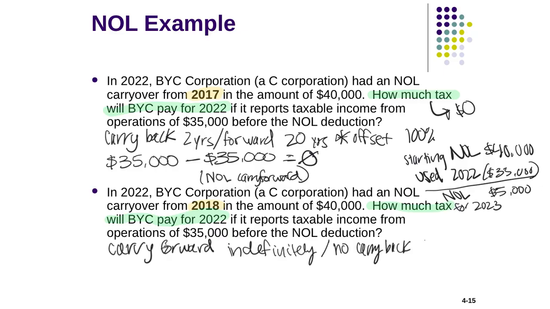And then the big thing to note here is with these ones, we can only offset 80% of our taxable income. So our taxable income before the NOL deduction is currently $35,000.